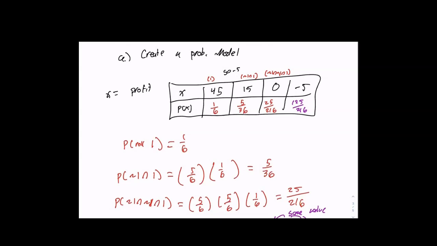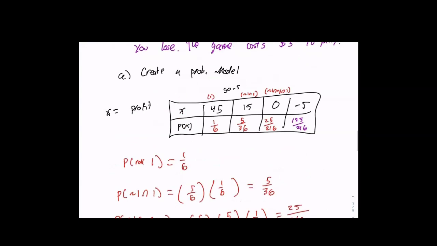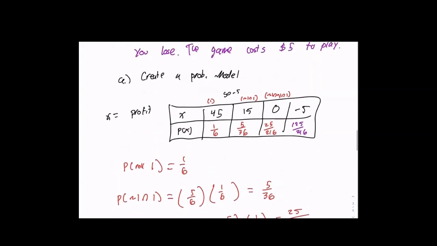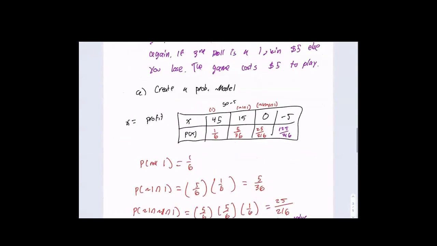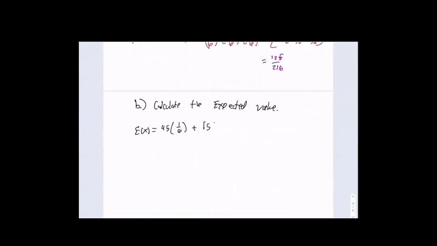45. I'm not asking you to do any of the calculations. It's literally like, what's that first outcome? 45, and I multiply it by its probability. The probability of getting 45 is? 1/6. I'm going to add to that 15 times 5 over 36.